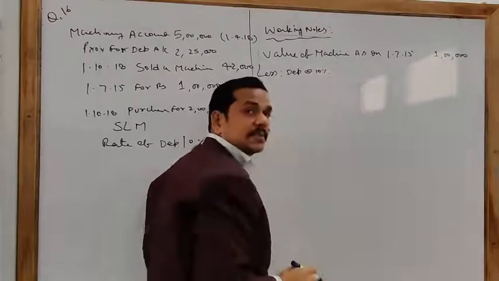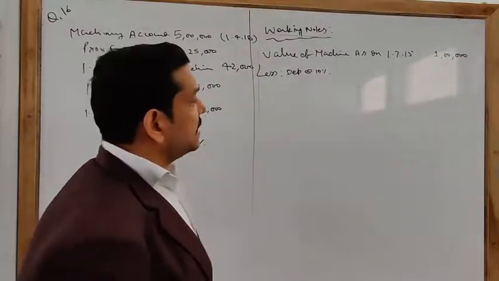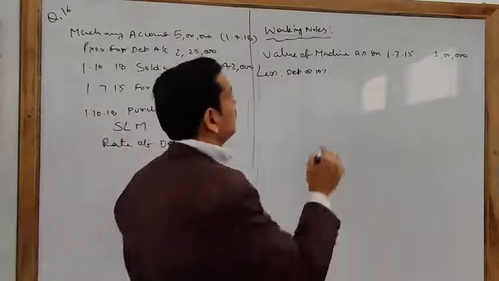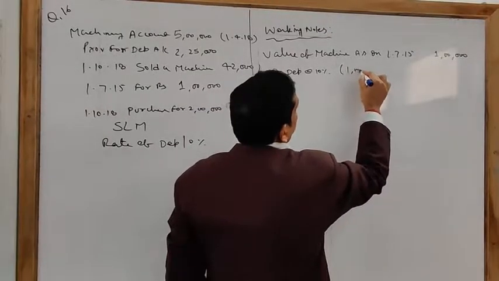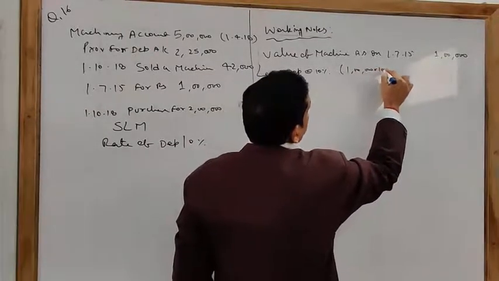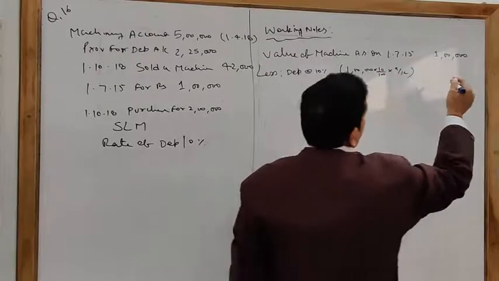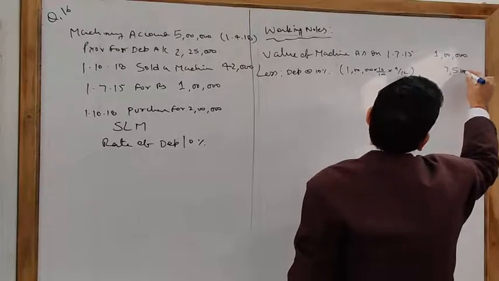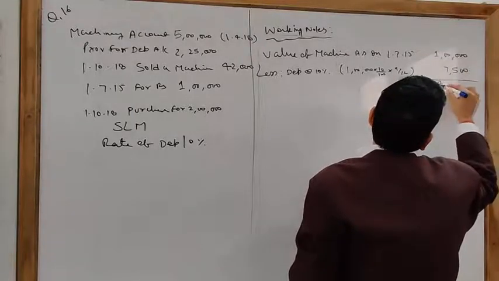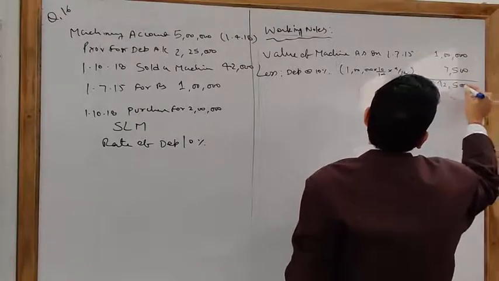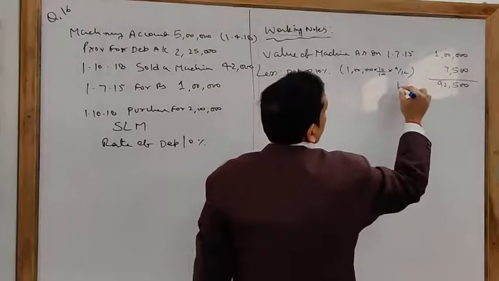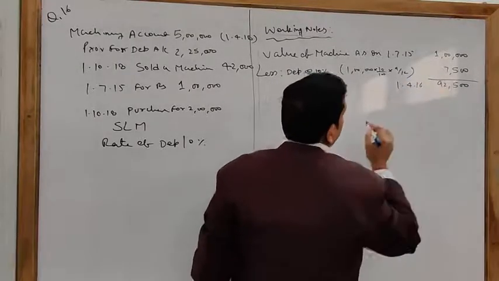Here machinery is purchased on 1st July, so we are going to charge depreciation for 9 months only. 1 lakh into 10% into 9/12. So that comes to 7,500. Amount is 92,500. Clear? Value of machine as on 1/4/16.